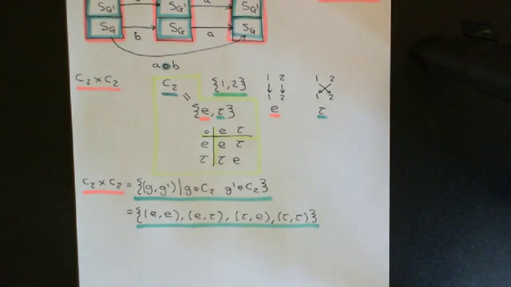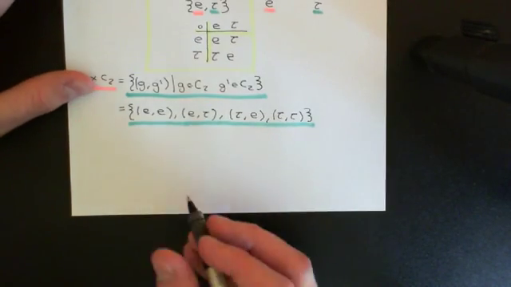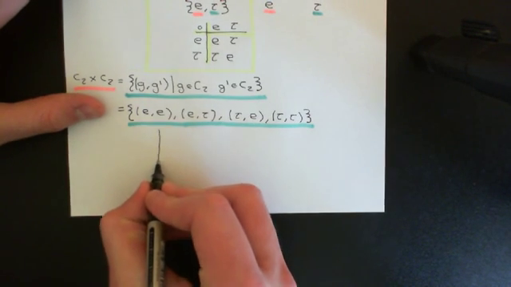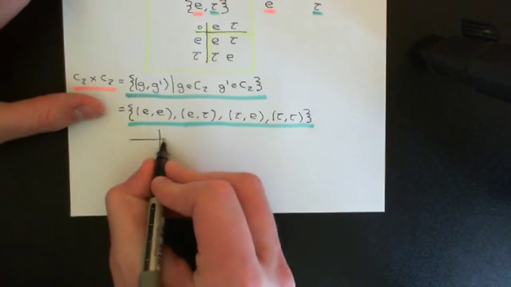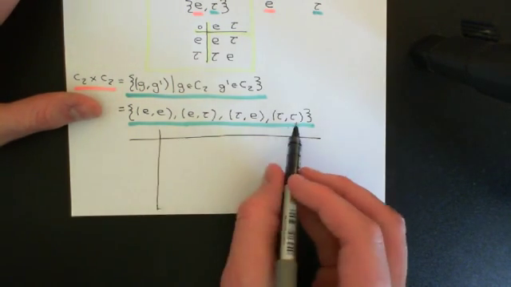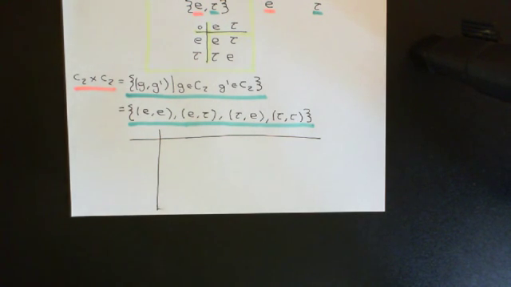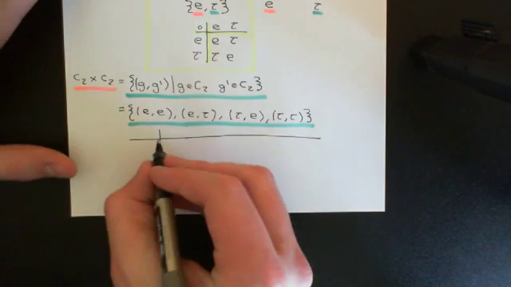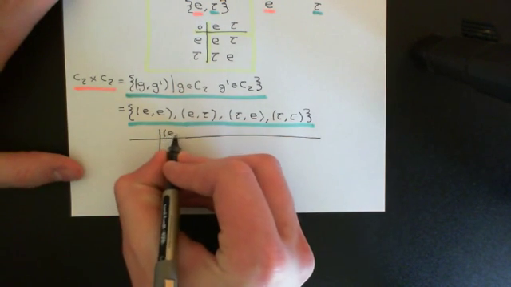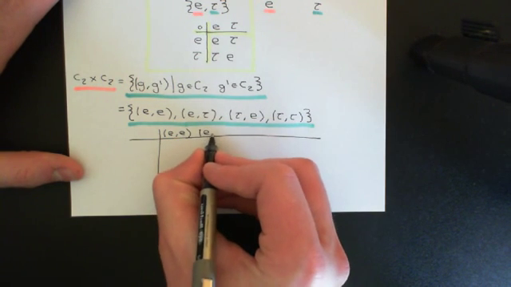Now what we need to do is define a composition law on this. So we need to create the composition table, and I think I'll try and squeeze this in down here. We need to define what any two elements from here composed together is equal to, according to that component-wise composition which we talked about in general in previous videos. Firstly, let's give every element of the set a column and a row in the composition table.